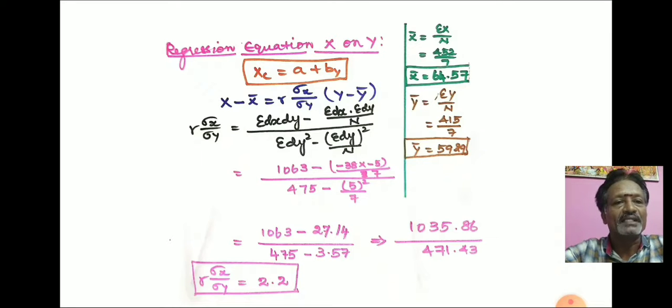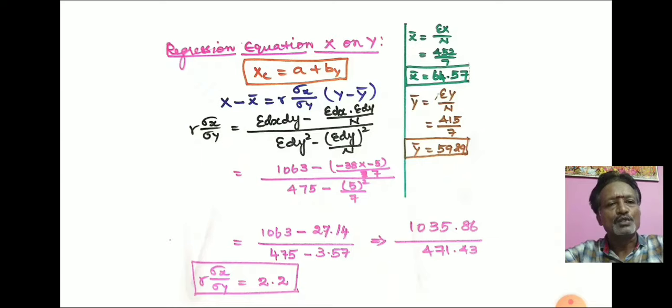So minus 38 into minus 5 and n equal to 7, the whole divided by sigma dy square equal to 475 minus sigma dy value minus 5 squared divided by n equal to 7. So here the values are 1063 minus 38 into minus 5 divided by 7, the whole divided by 475 minus 5 square divided by 7.